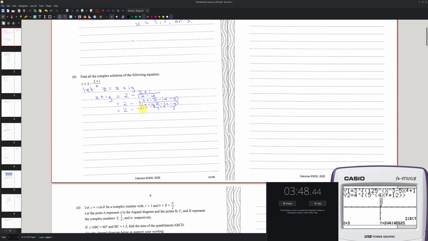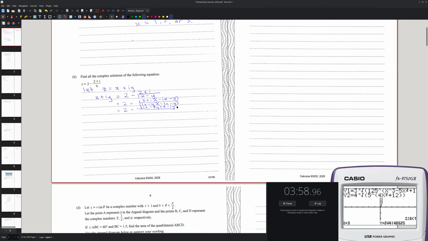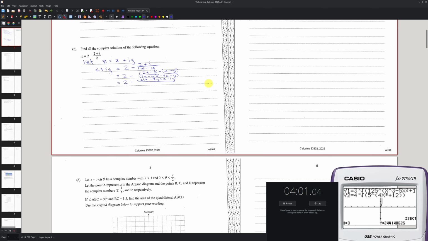Okay, I believe this is correct. And then all over... so we know the denominator is rationalized, so it's just over x squared plus y squared.